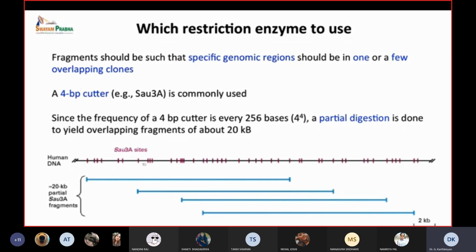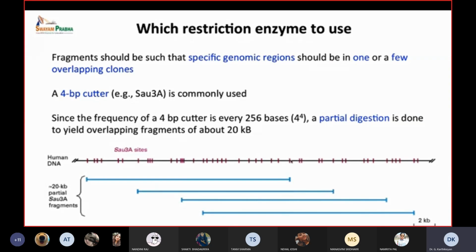Now, this DNA fragment here is a human DNA fragment, and these are all the Sau3AI sites that are present. The scale is given here, 2 kb. You can see that within 2 kb there can be multiple sites, but they are not exactly evenly distributed, right?